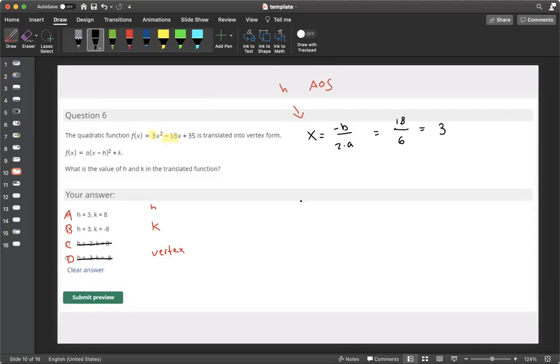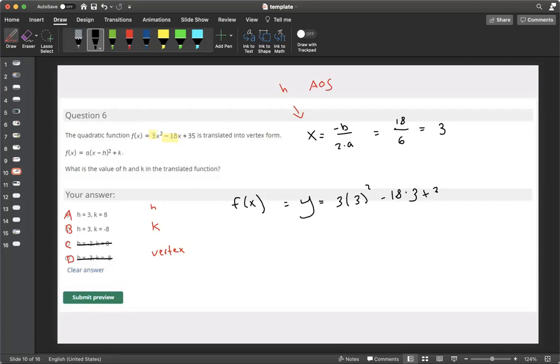Next, we have to find what is the k value. So we're going to put this into my y equation, or you can also think of that as f of x. It's both the same. So instead of 3x squared, we are going to have 3 times 3 squared. Instead of minus 18x, we have minus 18 times 3.